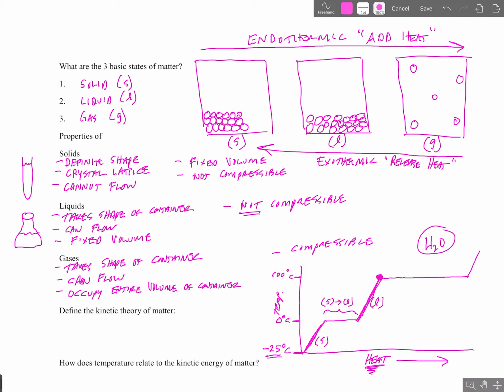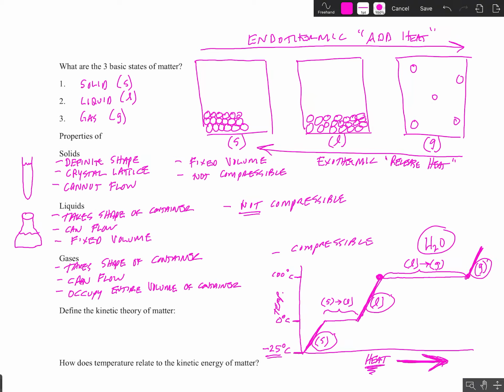And then right here at this point, my liquid started to boil, didn't it? And the temperature didn't change again as it went through that phase change. So here, all the way to here, we have the liquid turning into a gas. And then finally at this point on up, the only phase that we have is the gaseous phase. So when we go to the right on this graph, remember when we add heat, we go to the right, that's going from a solid to a liquid to a gas.